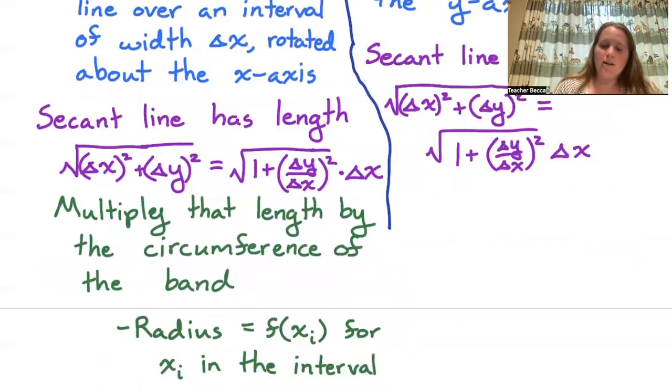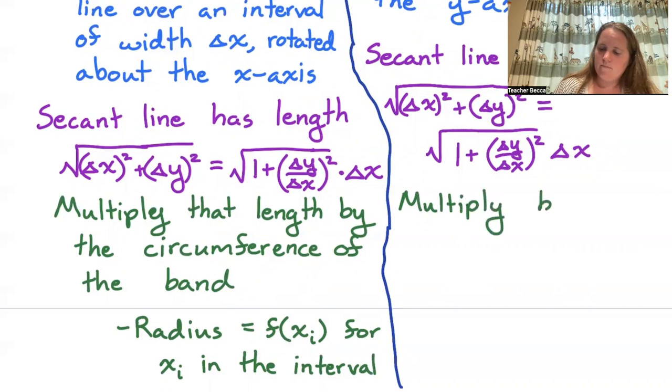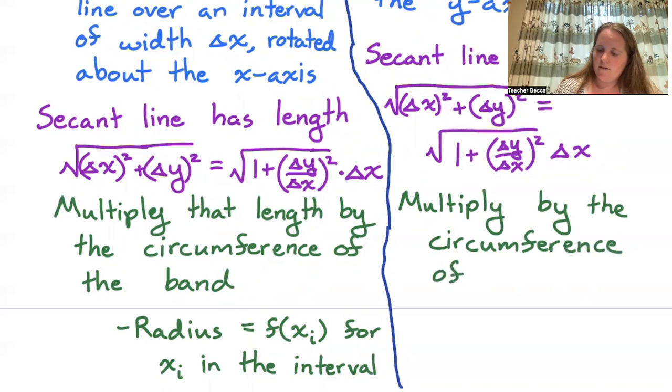Again, we will multiply by the circumference of the band.